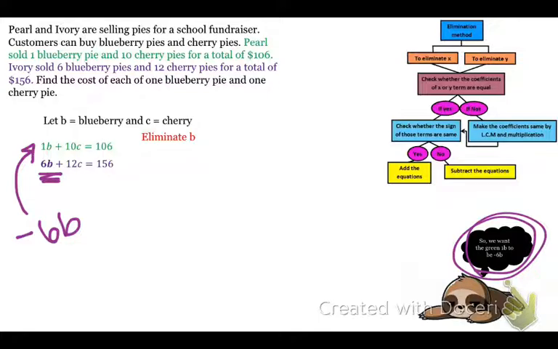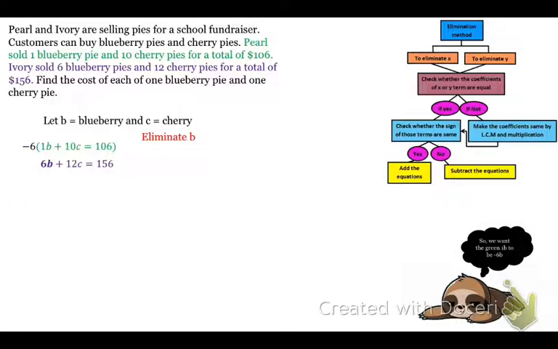So in order to get that top equation to be negative 6B, I have to multiply it by negative 6. Okay, and when you multiply, this has to multiply into all 3 terms. So this becomes negative 6B minus 60C equals negative 636 because it multiplies to every single one there. Okay, and then we can just add these equations.